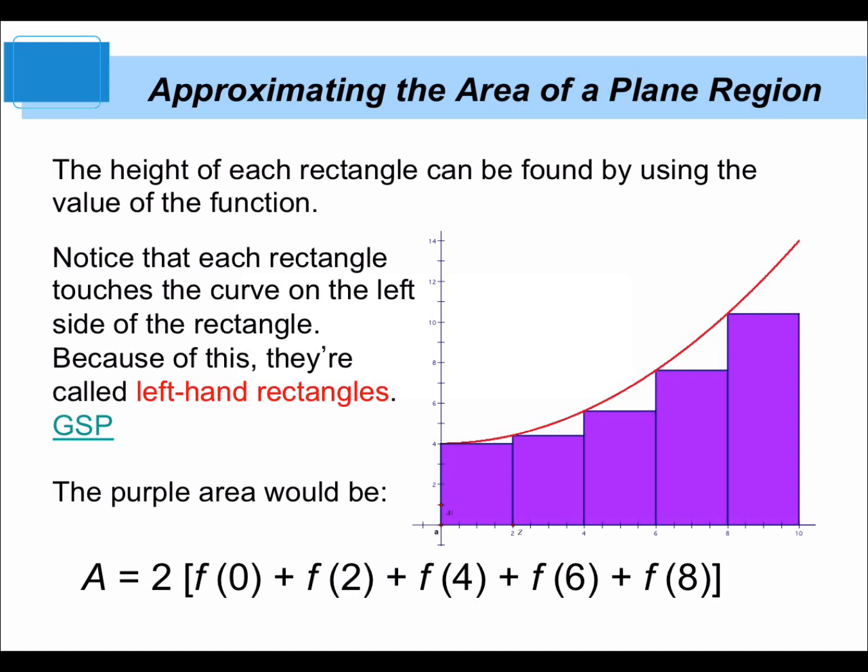How tall is it? It's f of 6. So again, you're looking at the point where the rectangle hits the function, and then using that to find the area of the rectangle. Find the area of all 5 rectangles, add them up, you're done. And there's no trick to it. That's all we're going to be doing.